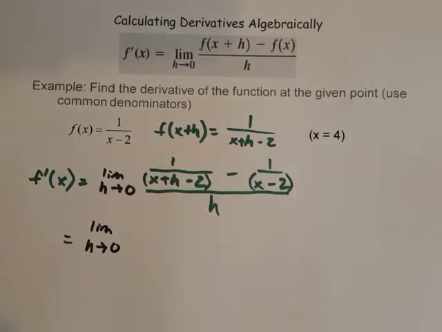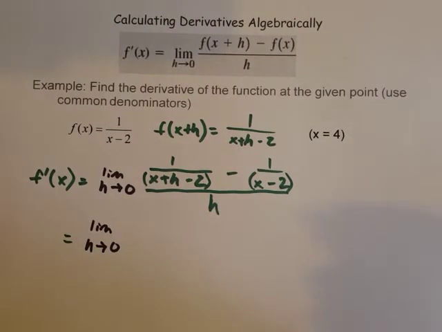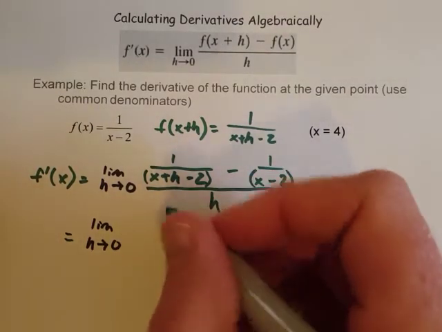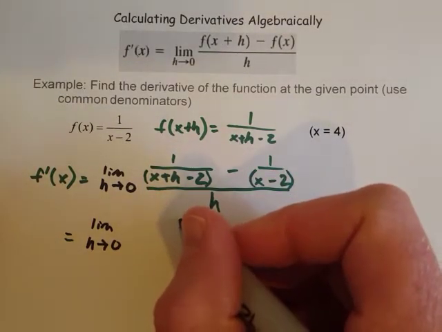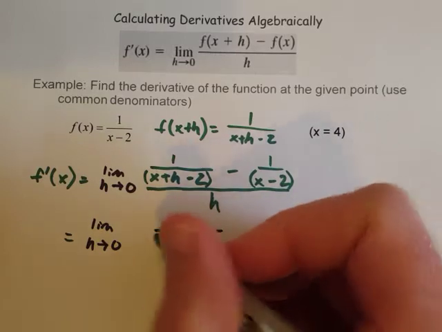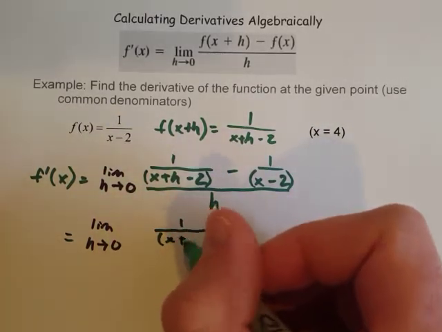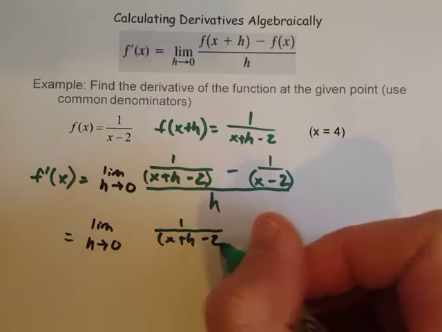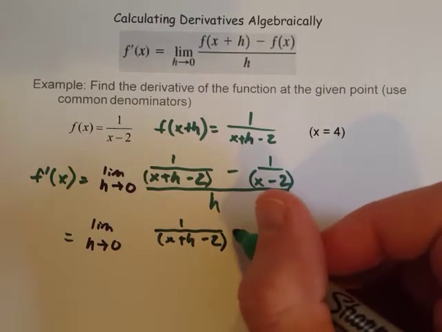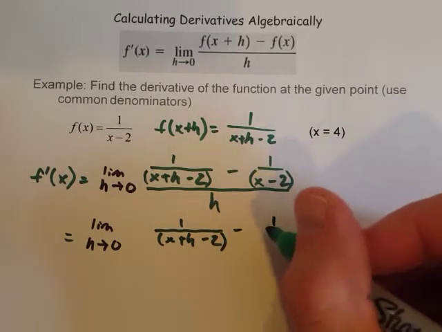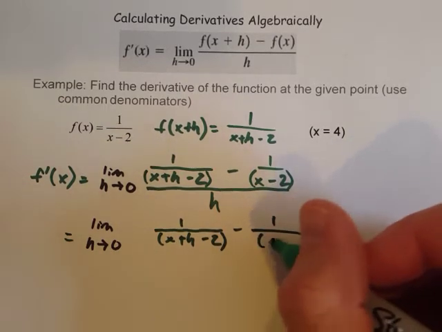Start with that one. I'm going to leave myself a little bit of room on each side of these fractions. So I'm going to leave myself a little bit of room on the left-hand side here, and then I'm going to leave myself a little room on the right-hand side over here.